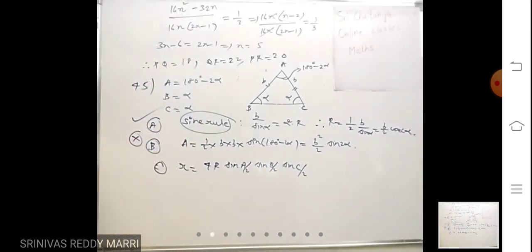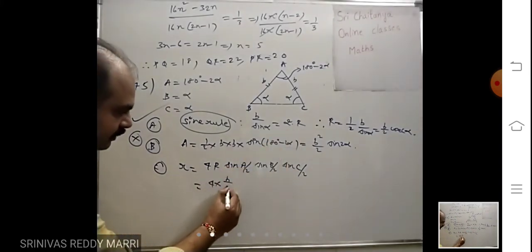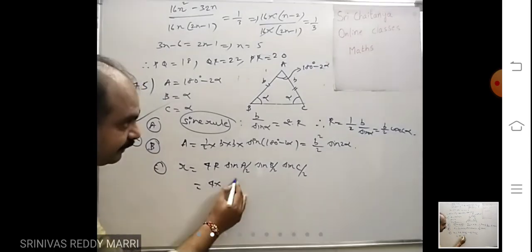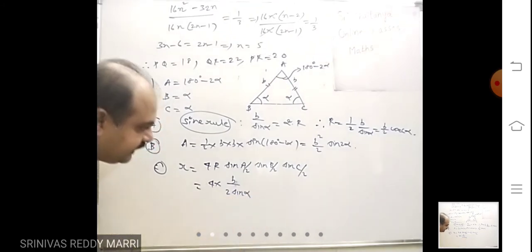Just substitute. R is 4 into b by 2, now I am writing b by 2 sin alpha.